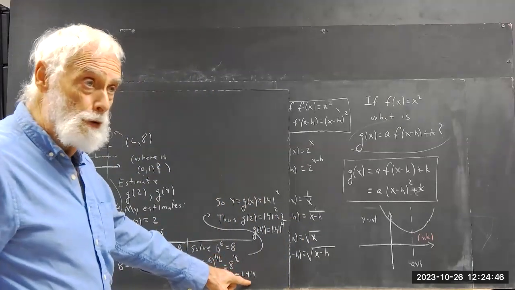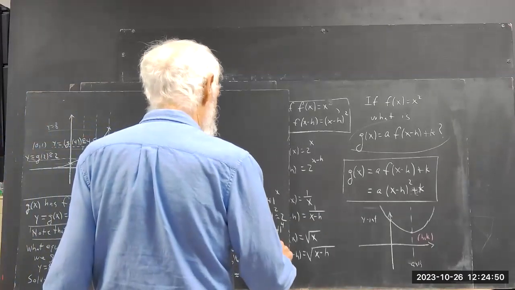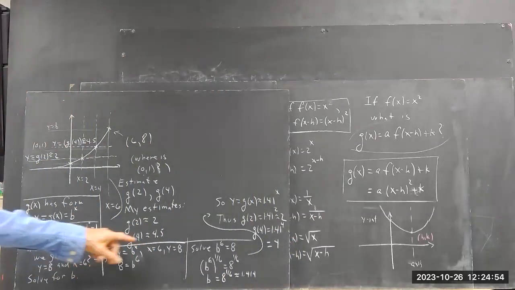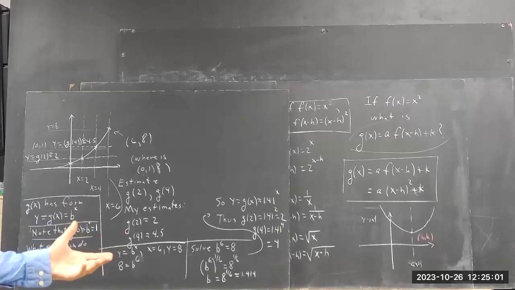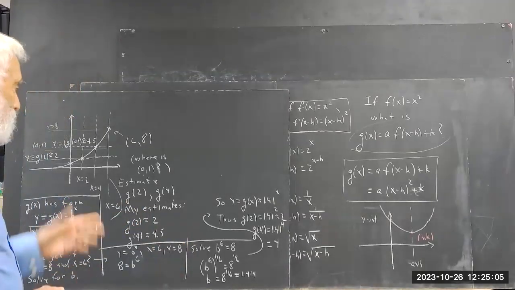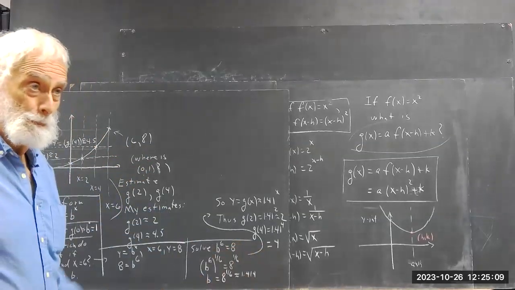Could have written 1.414, but it's approximate anyway. And g of 4 equals 4. Now, I estimated g of 4 equals 4.5 because I didn't want to come off. Obviously, I knew it was 4. Well, actually, if I'd have thought about it, I would have, because of the doubling time and stuff, but, okay, there we have it.